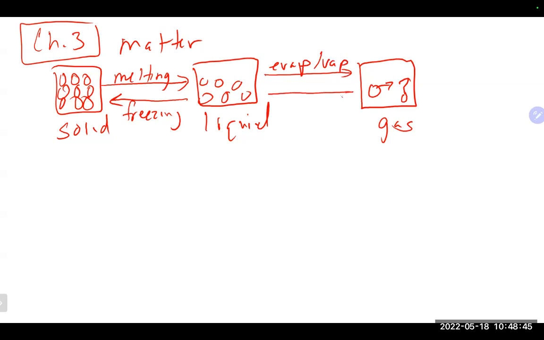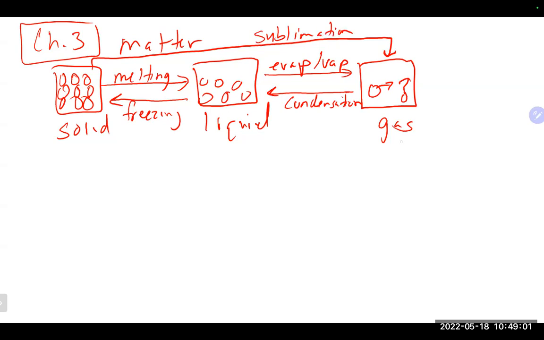Heading from gas back to liquid, that is condensation. Going from solid, skipping the liquid part, to the gas, that is what is known as sublimation. Heading from gas, also skipping the liquid part, and going back to solid, that is deposition.